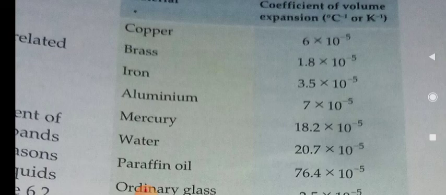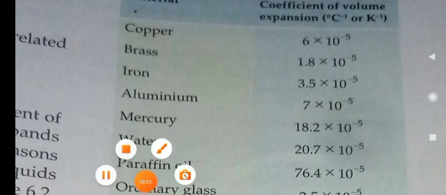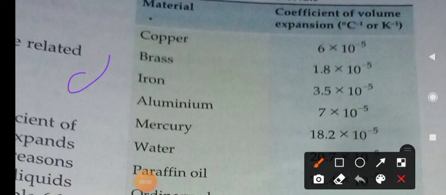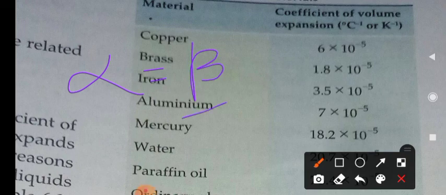We can relate the three coefficients of expansion as alpha is equal to beta divided by 2, which is equal to gamma divided by 3.